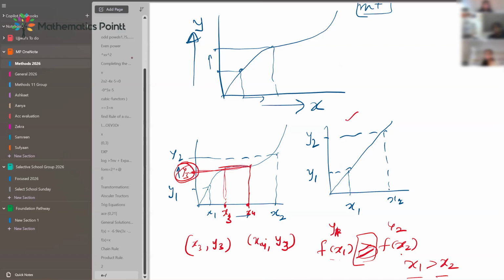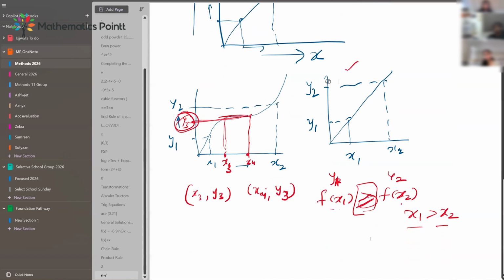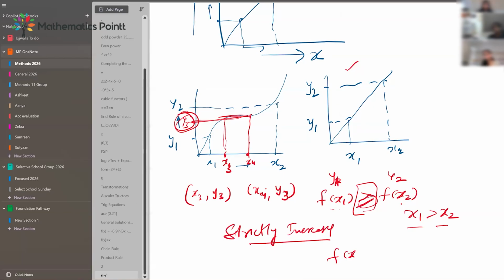Whereas look at this graph. You will not find any interval of x where the y values are exactly the same. It is perfectly increasing. This condition, the equal to condition, does not exist. So strictly increasing means that f of x2, I should have taken 2, right?